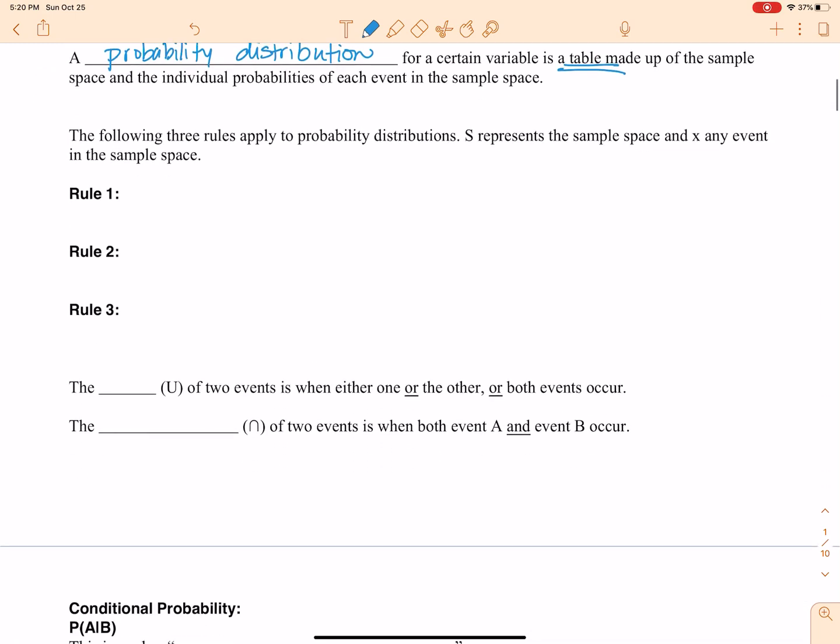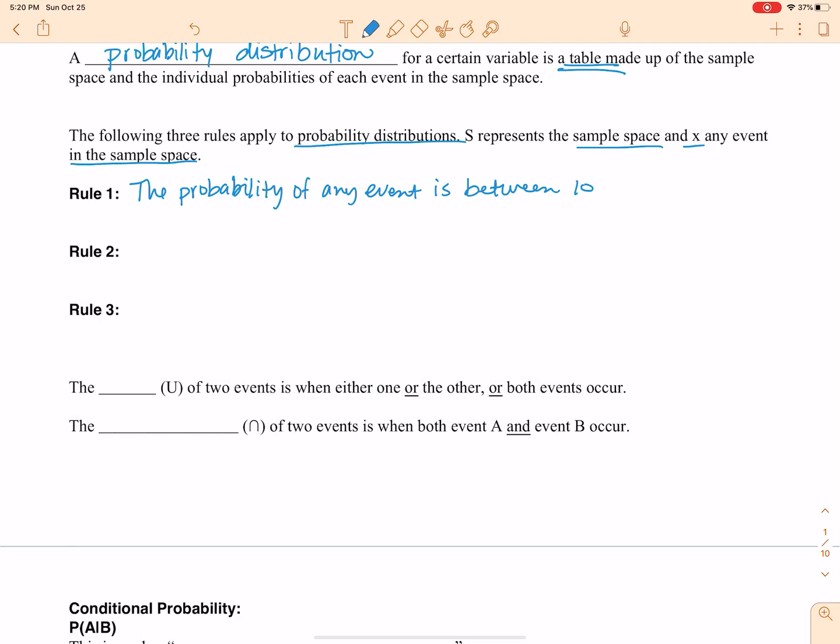So the three very important rules that apply to probability distributions, where S represents my sample space and X is any event in the sample space. Rule number 1 is the probability of any event is between 0 and 1.